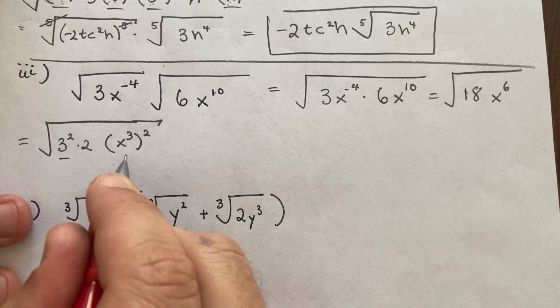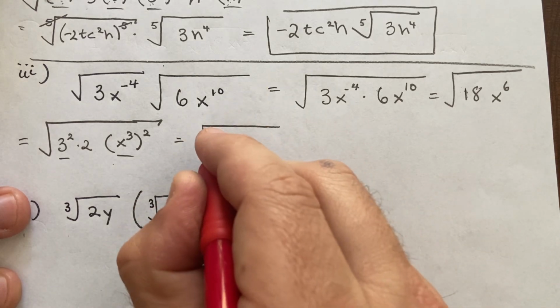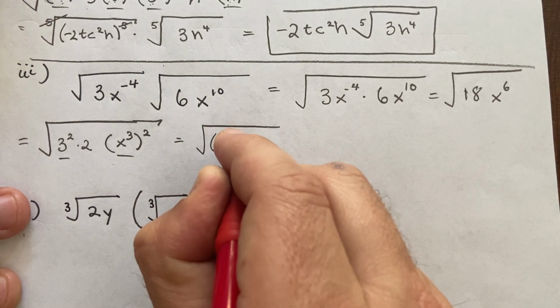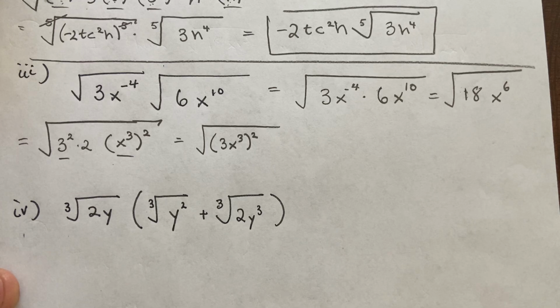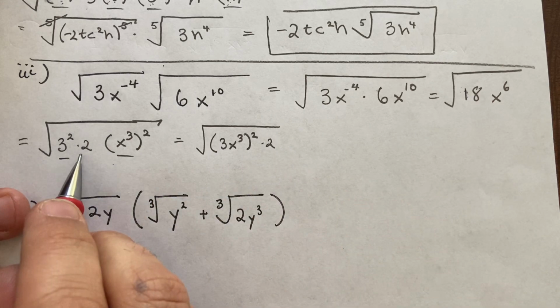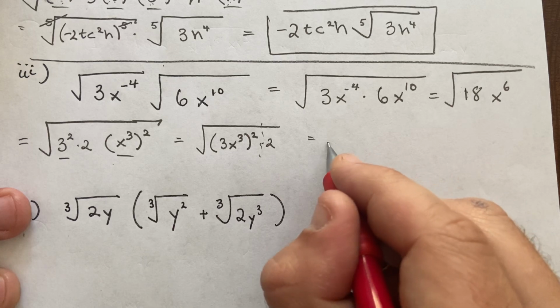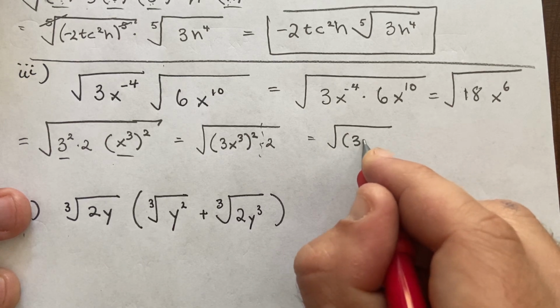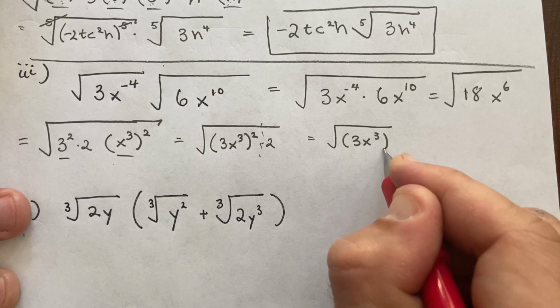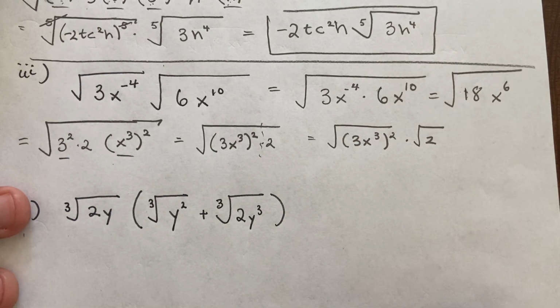So everything with the square slides up front. So I have 3x cubed all squared. And then I just had the root 2 left behind, or just the 2. Product rule. So I have the square root of 3x cubed squared times the square root of 2.